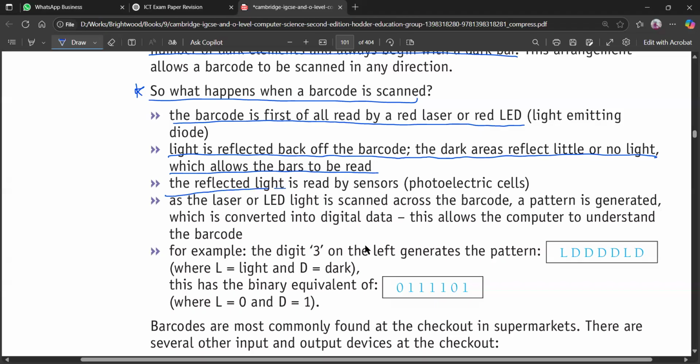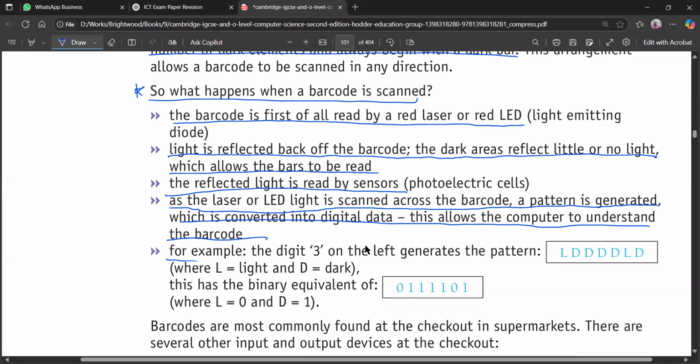The reflected light is read by the sensors. As the laser or LED light scans across the barcode, a pattern is generated, which is converted into digital data. This allows the computer to understand the barcode.